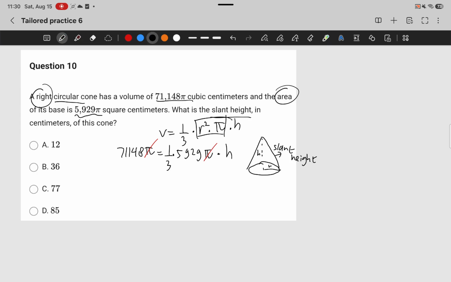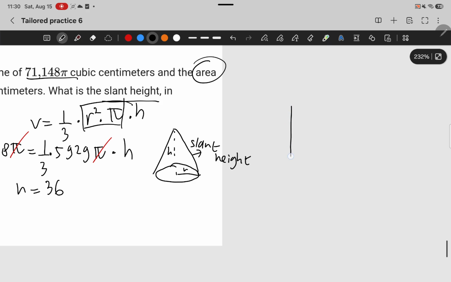Okay, I have calculated the height is 36.